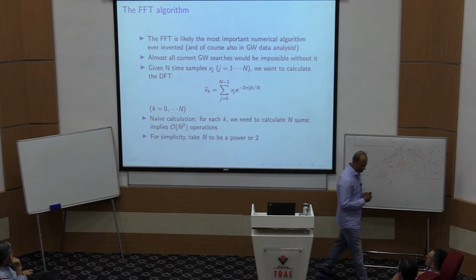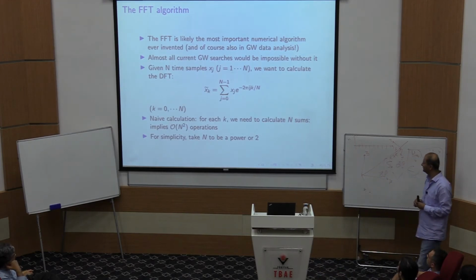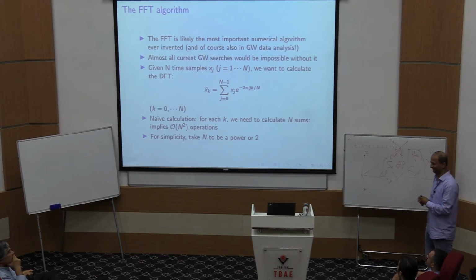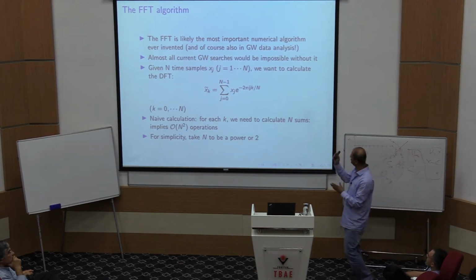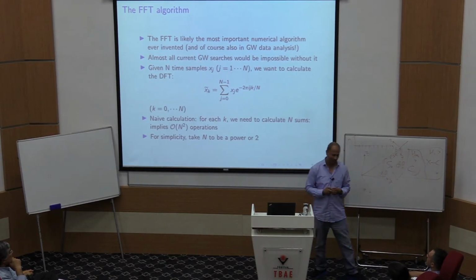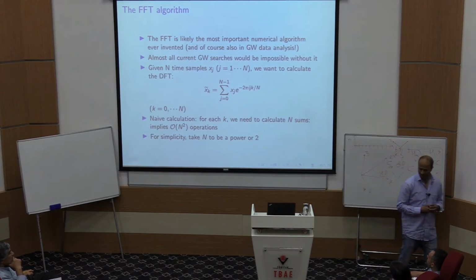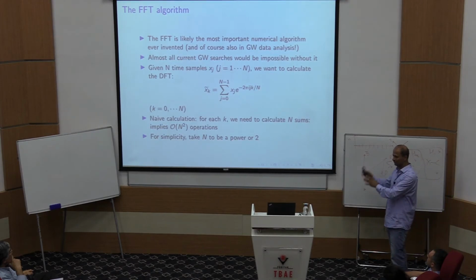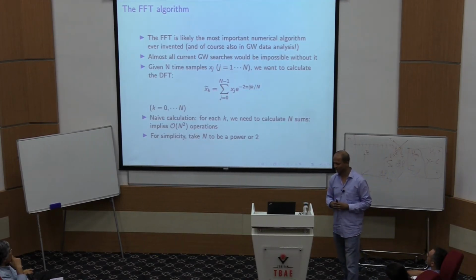But there's one thing I do want to tell you, which is one of those things that physicists may not always learn: this is the most important algorithm ever invented in the history of computing. It was in 1965, I believe, by people called Tukey and Cooley. In fact, Gauss also had a version of this back in the 1800s.